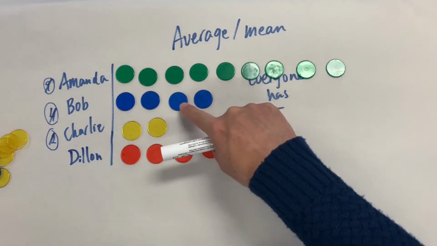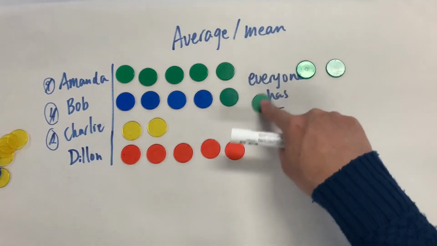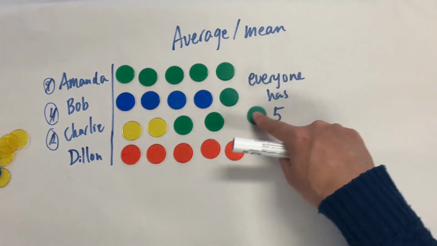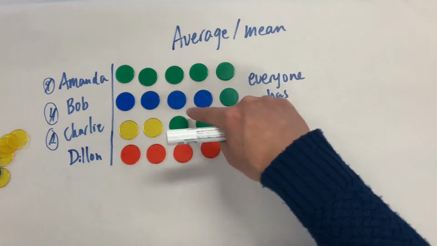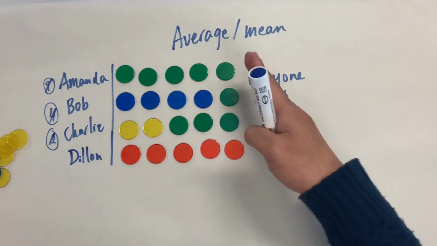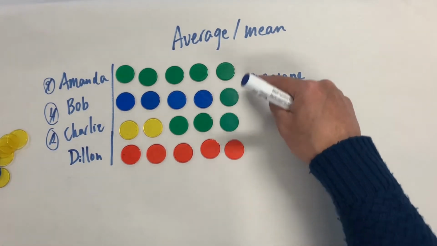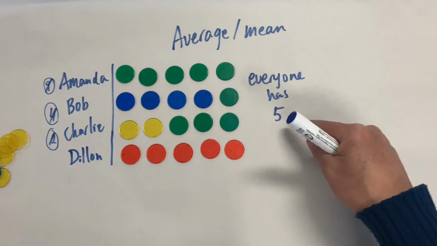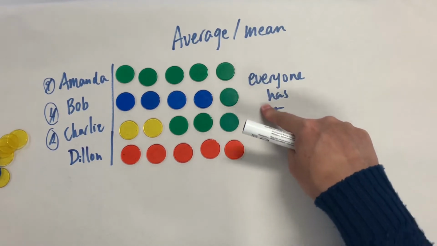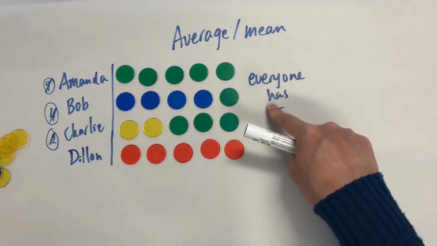I quickly check. 5. If I redistribute all the marbles, everyone now has 5. So that's average marbles for each person is 5 again.